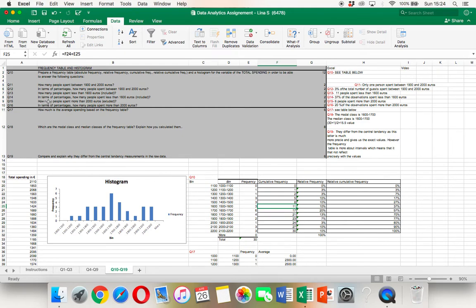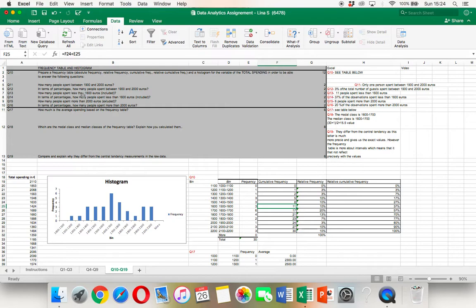In terms of percentages, how many people spent less than 1,600 euros included? So let's just read the question again.